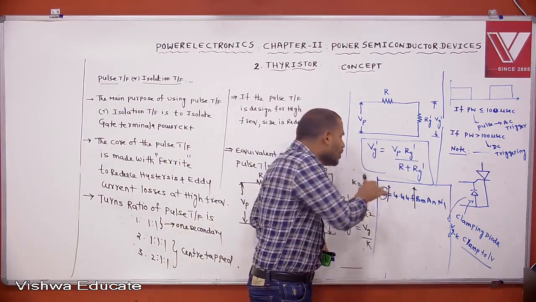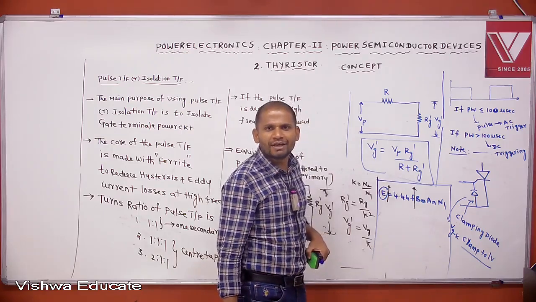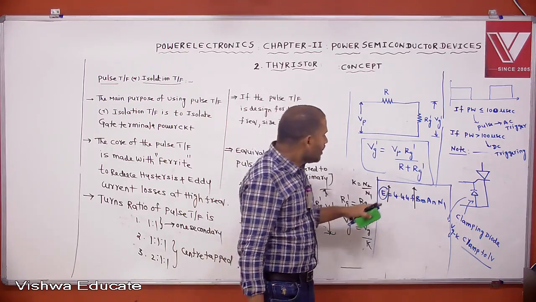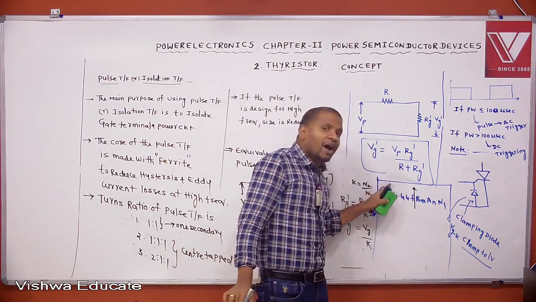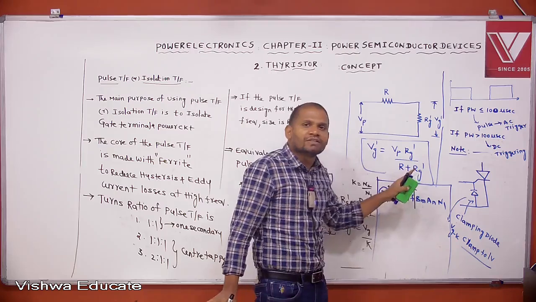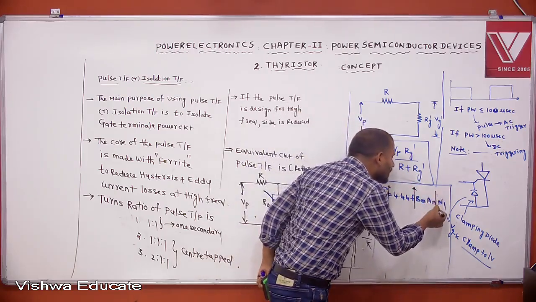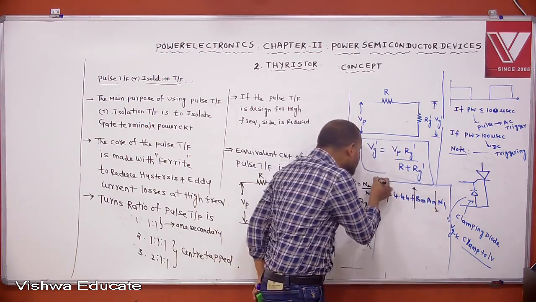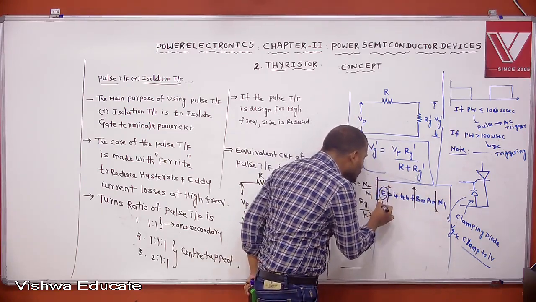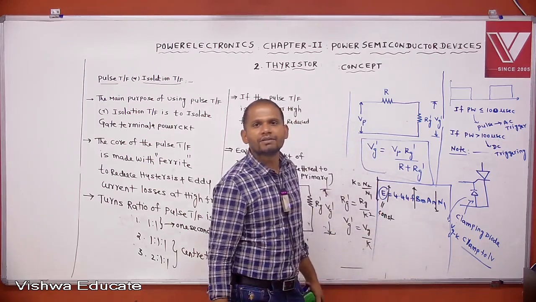It increases. But we don't want the voltage rating to change. We want to maintain the voltage rating constant. One method is to reduce the cross sectional area. Then E, which would have increased, is reduced, so E remains constant.